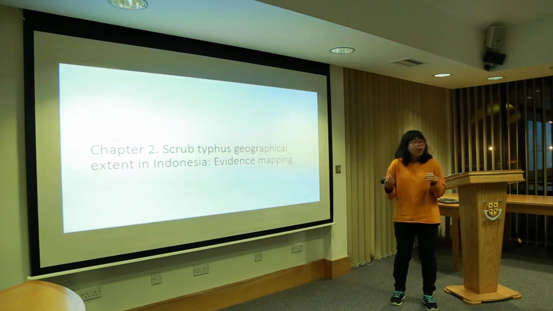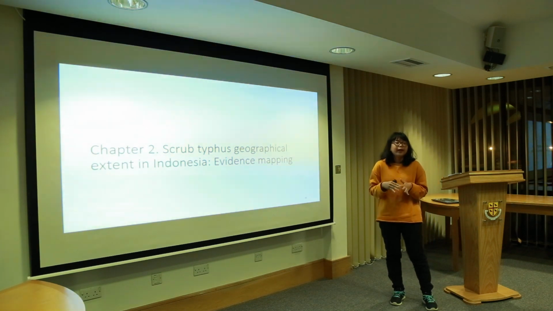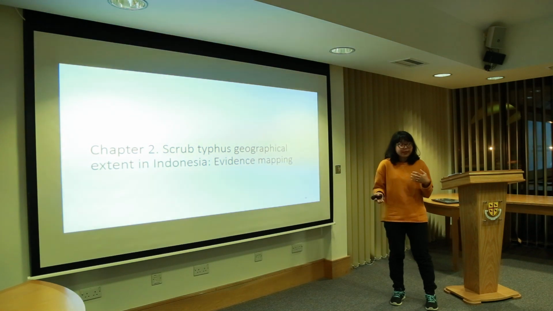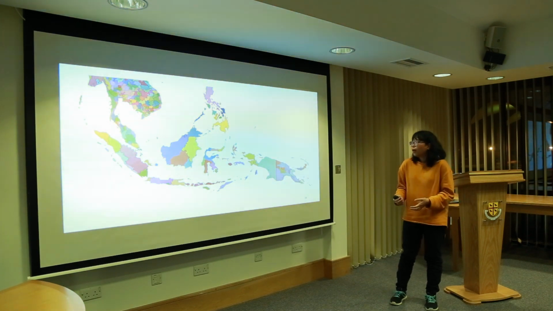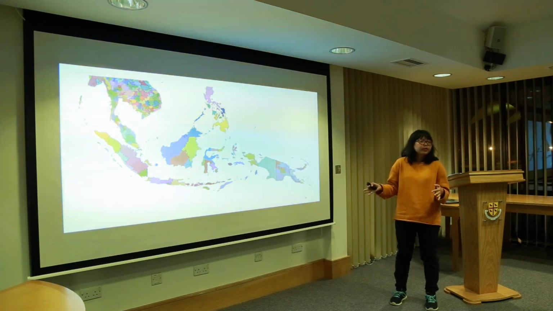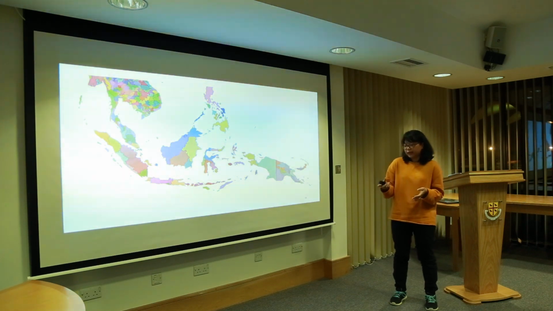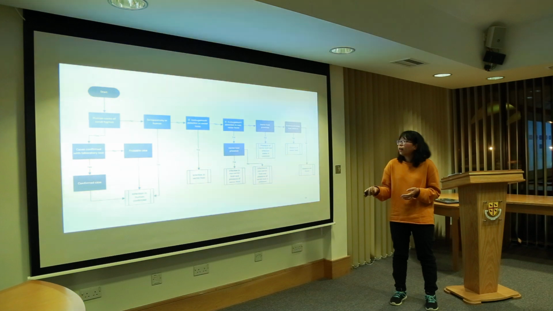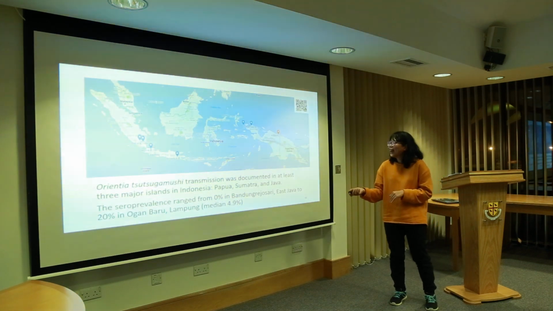With this map, I'm hoping that we can identify areas with gaps of knowledge and data, and then we can direct future studies there. So Indonesia will be divided into subnational areas. And then I'm going to assign scores to each of the areas. And then the scores will be translated into colors, like the reddish color. This is the algorithm I'm using, so you don't really need to read this.